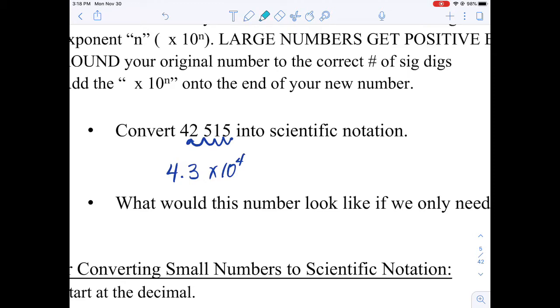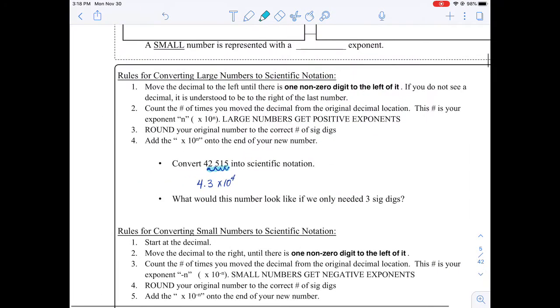And embarrassingly, I refer to this as like the bum cheek method. I've got like 4 bum cheeks, so it's 4.3 times 10 to the 4. If we weren't rounding it off to any significant digits, it would have been 4.2515 times 10 to the 4. If we only needed 3 sig digs, it'd be 4.25 times 10 to the 4.